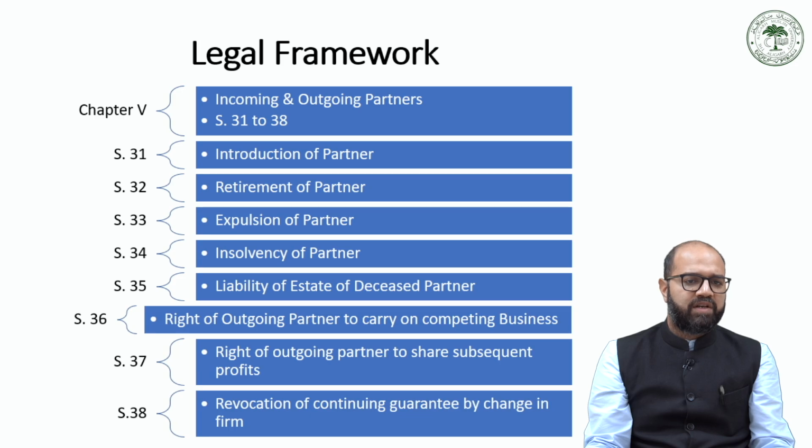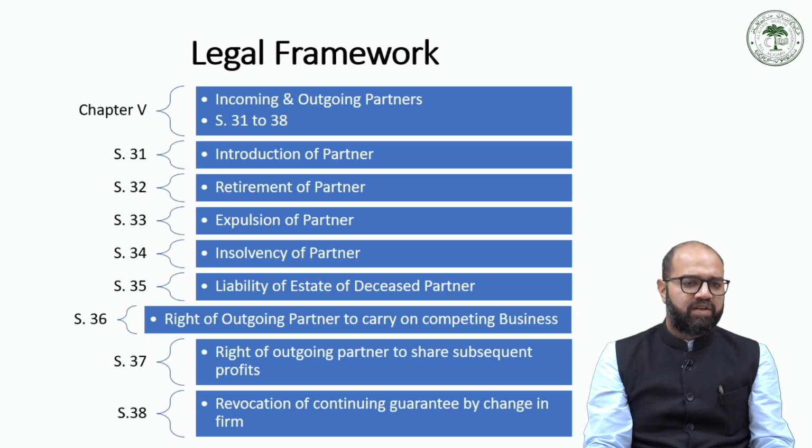Then we have Section 34, as to how a partner can exit the firm through insolvency. Section 35: what happens to the liability of the estate of a deceased partner, what is the liability of the deceased partner's estate towards the business of the partnership firm, if any.